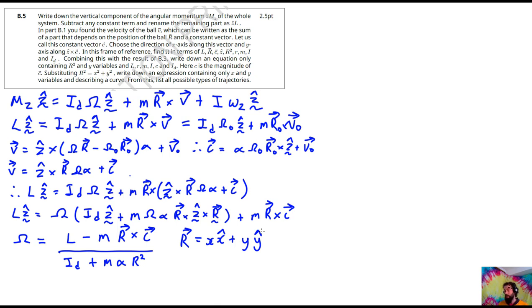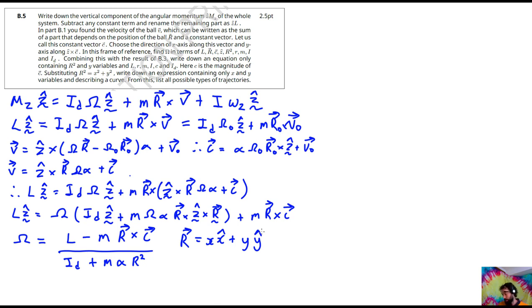Now, if C is directly in line with the x direction, then when we take the cross product with R, the x component is going to go away because they're directly in line. So we're just going to get the y component of R crossed with the x component of C. And when you take y cross x, you get minus z. So that's going to give us a minus sign here.